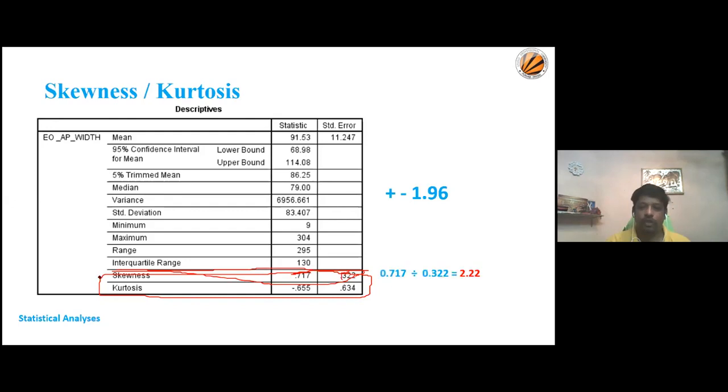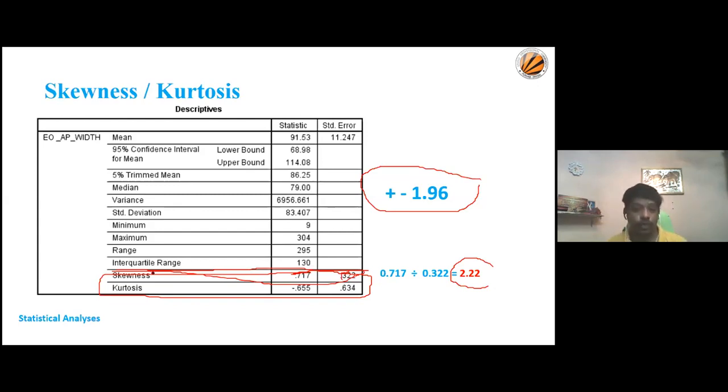What is very important is, when you divide, if the value lies between plus 1.96 and minus 1.96, it means your data is approximately normally distributed, so you may use your parametric test.